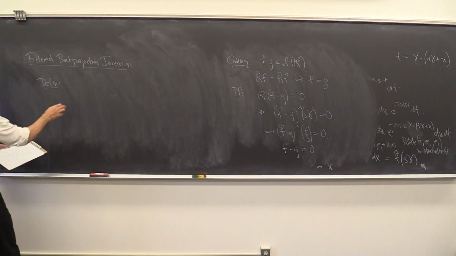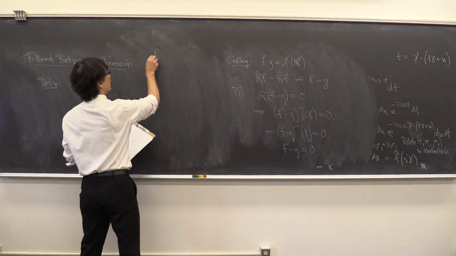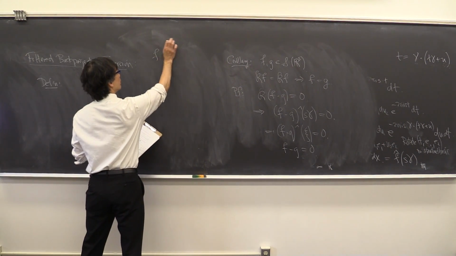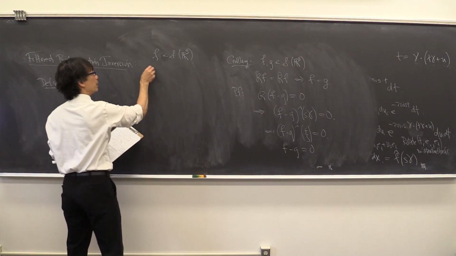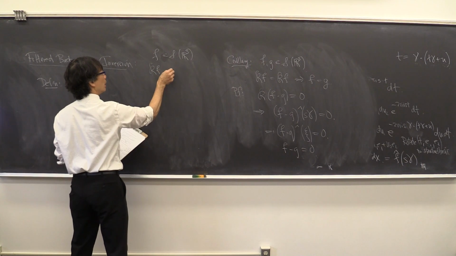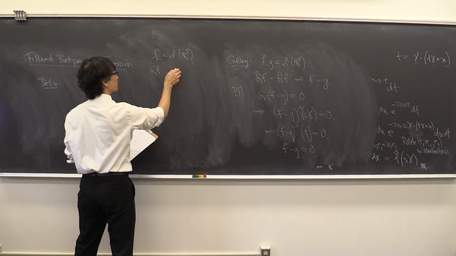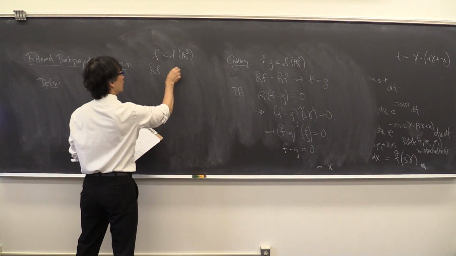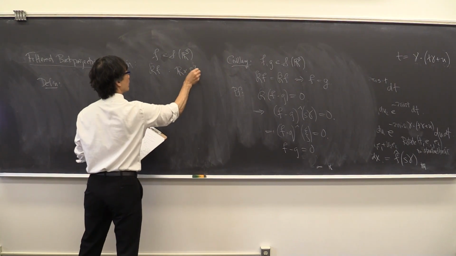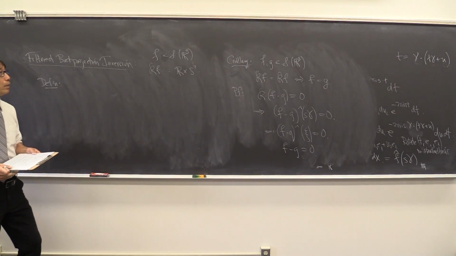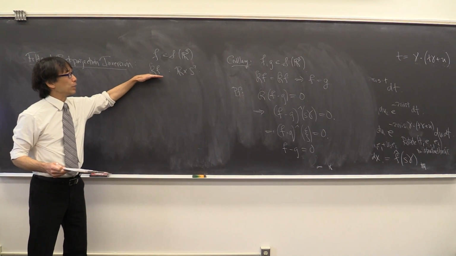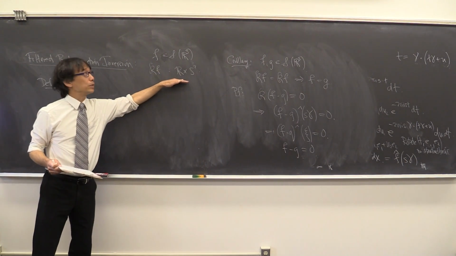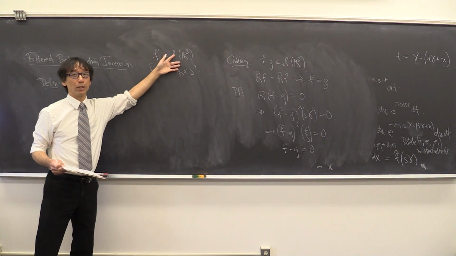So remember, we started off with a function f on R3, and then the Radon transform is a function on R cross S2. The dual Radon transform will go from functions on R cross S2 and return functions on R3.